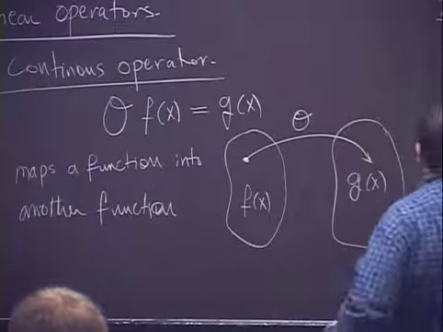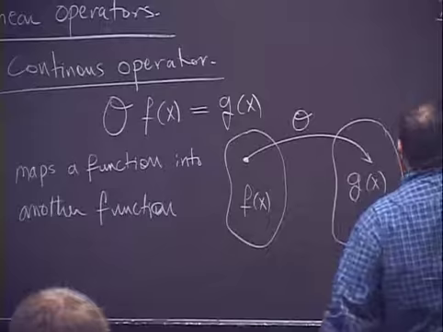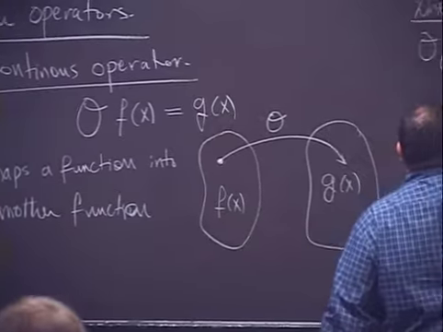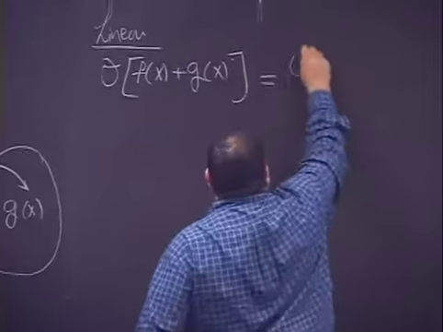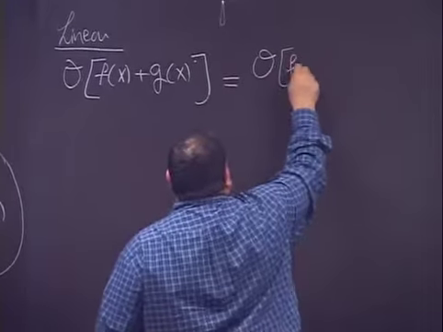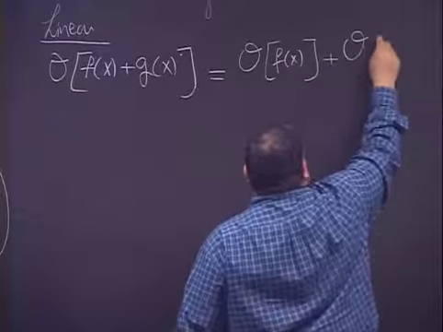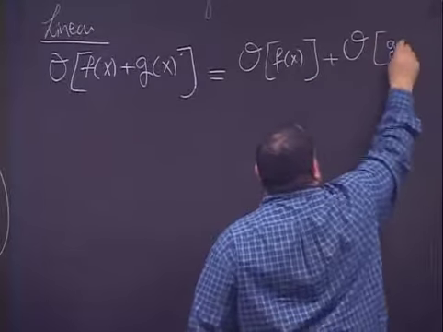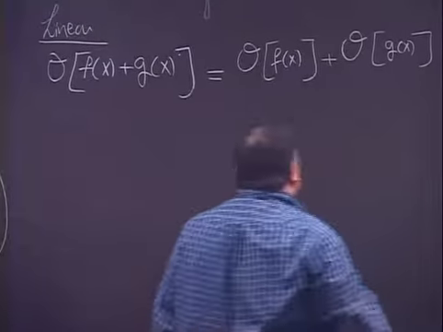If the operator O operates over a function f of x plus another function g of x, and you obtain the same operator operating individually over the first function f of x plus the same operator operating over the second function g of x, this is called a linear operator.